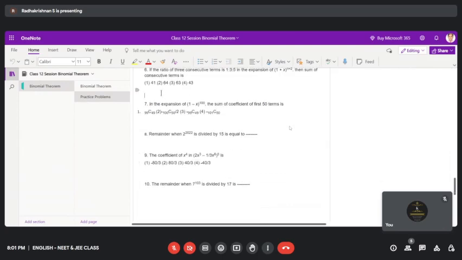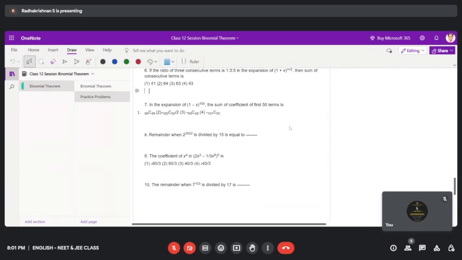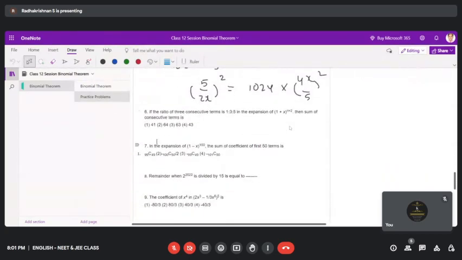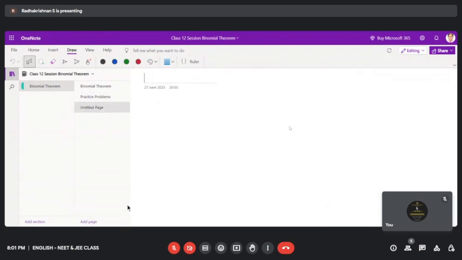I am not able to insert. Okay, so I will simply add a page. That will be better.